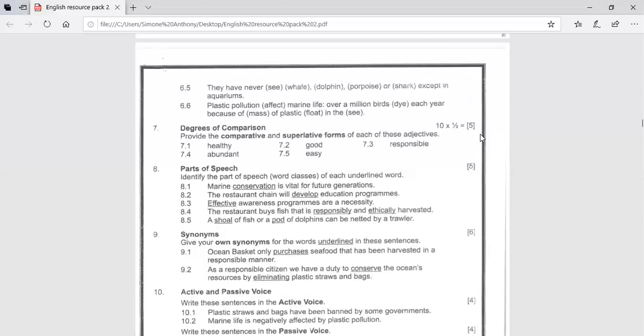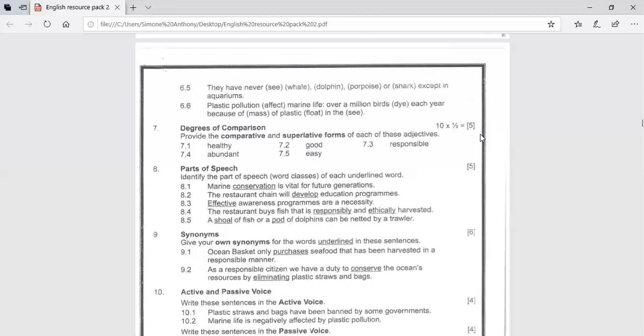So 7.1, healthy, it'll be healthy, healthier, healthiest. 7.2, good, good, better, best. 7.3, responsible, it will be responsible, more responsible, and most responsible. 7.4, abundant, it will be abundant, more abundant, most abundant. 7.5, easy, easier, easiest.